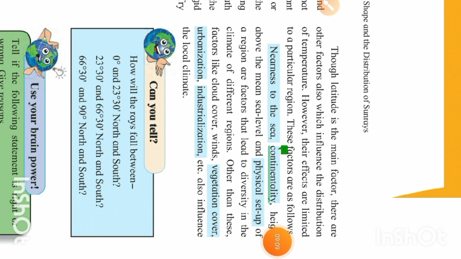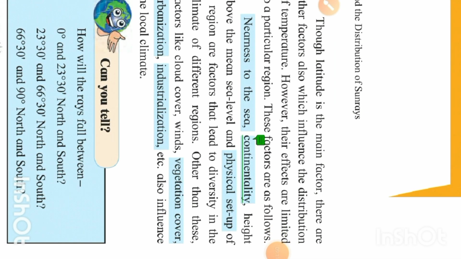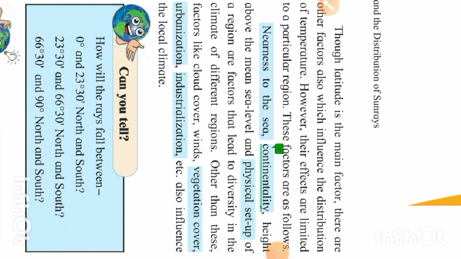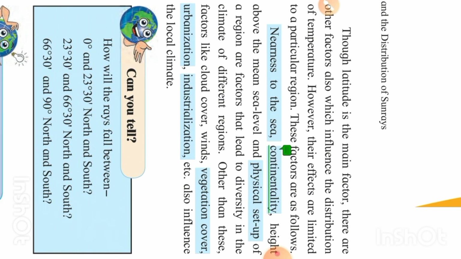Though latitude is the main factor, there are other factors also which influence the distribution of temperature. However, their effects are limited to a particular region. These factors are as follows. Mostly we used to think that sun rays are the only reason for the temperature, but gradually we understood there are other reasons as well.